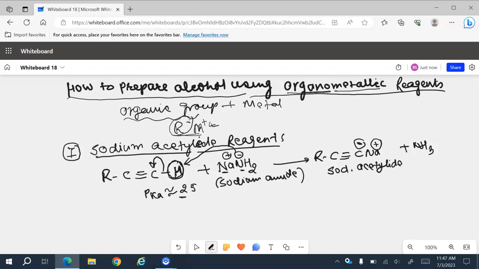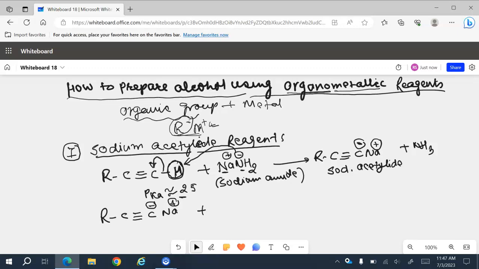Now, the sodium acetylide generated in this way is a very strong nucleophile, with the negative charge on the carbon. This strong nucleophile can attack carbonyl compounds.